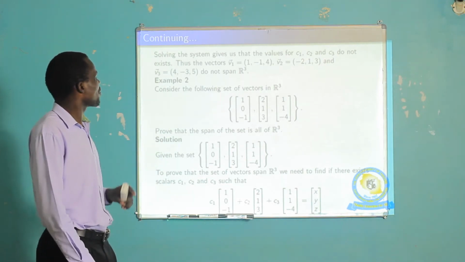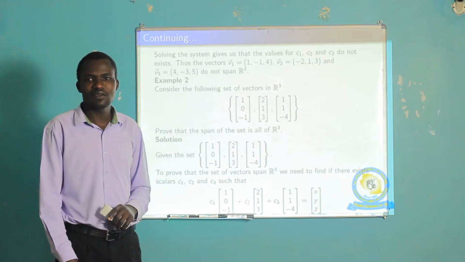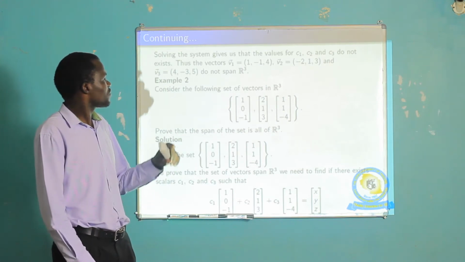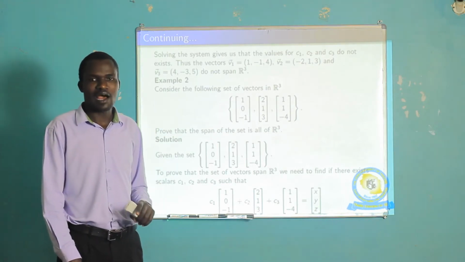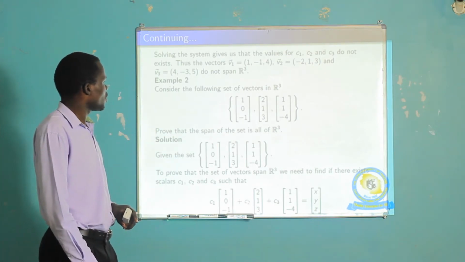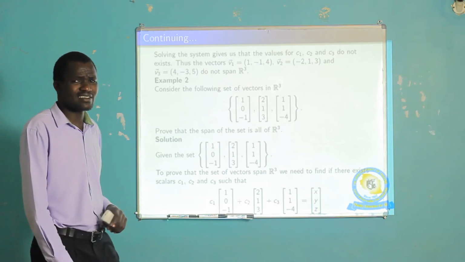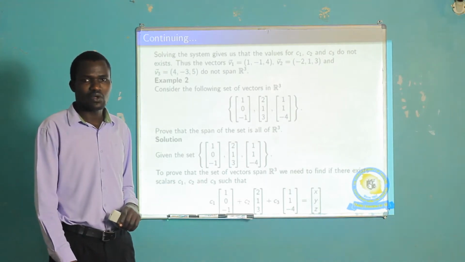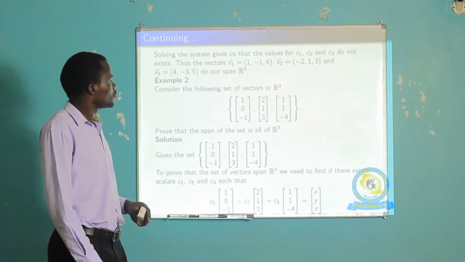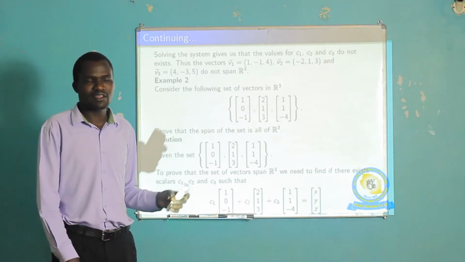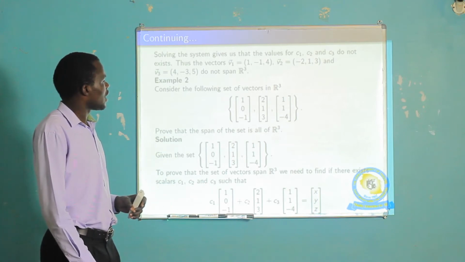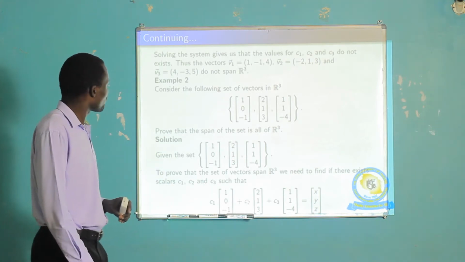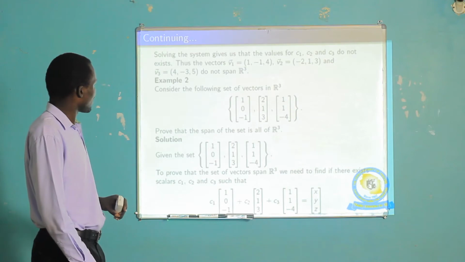And therefore, we conclude that the vectors V1, V2, and V3 do not span R3 space. Okay, that was just the first example on how to show whether three vectors in three dimensions span R3 space.